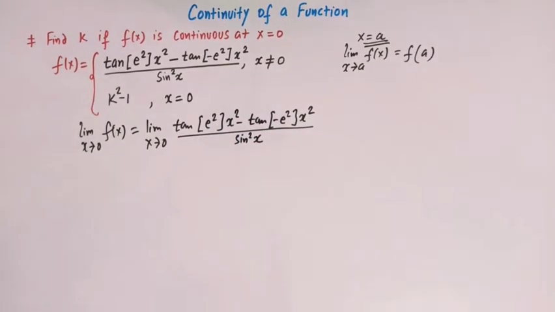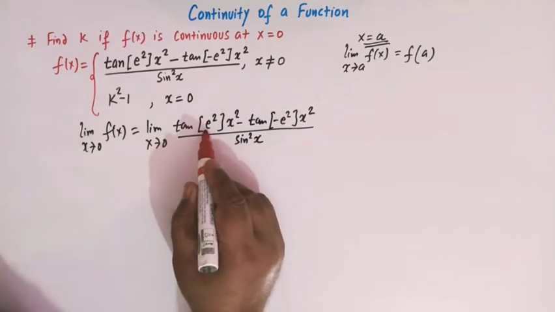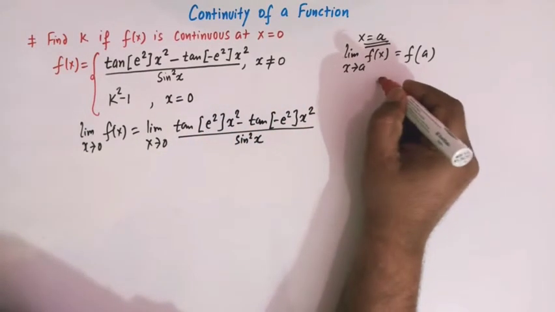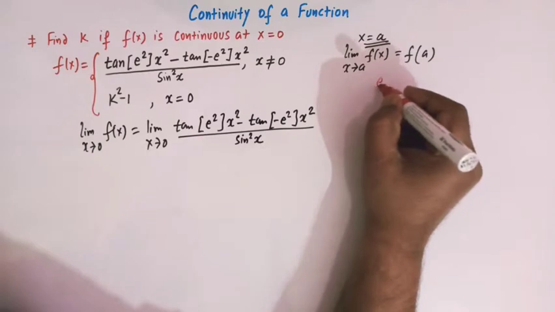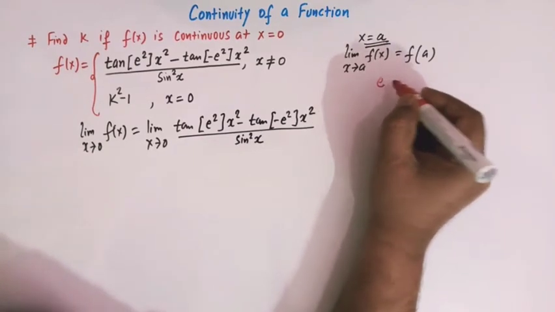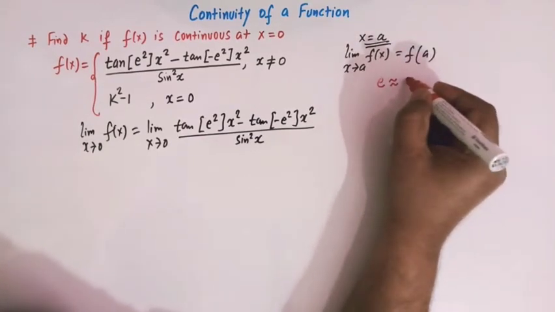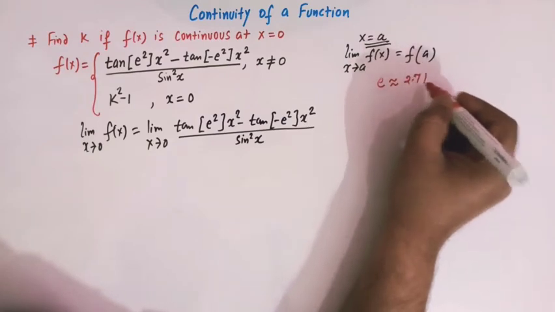Now here we have the exponential number e, and we know that the value of e is approximately 2.71.